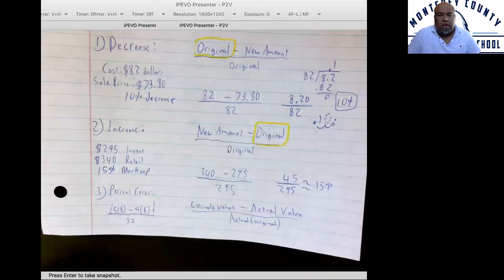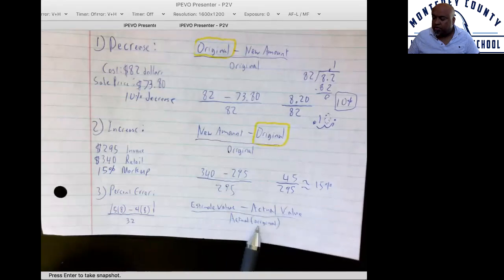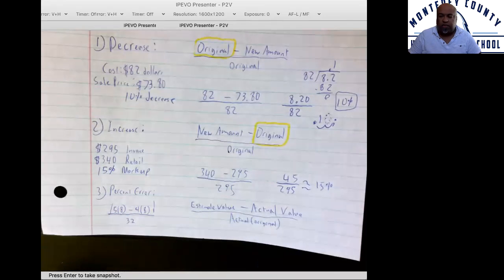Okay? Now another one is percent of error. Now percent of error means that you're taking a guess at what something is, but you are not 100% sure. So when you find out what it is, you want to compare the difference. So in this formula, you'll have the estimated value, what you guess something is, minus the actual value, divided by the actual or original value. Okay, see how I use the word original again there.